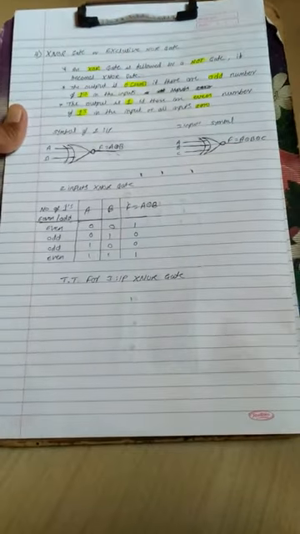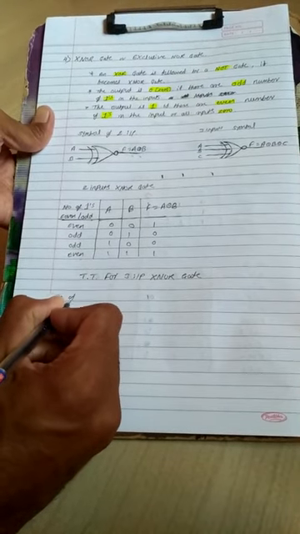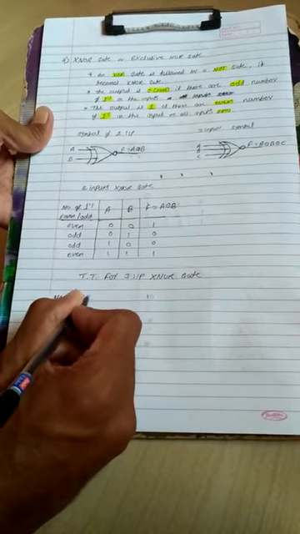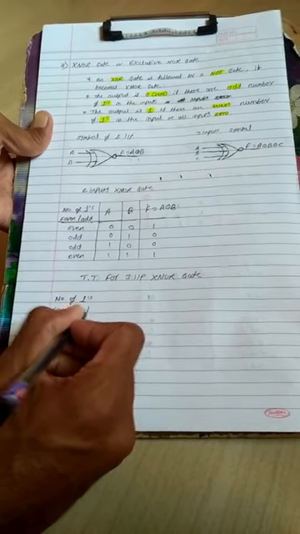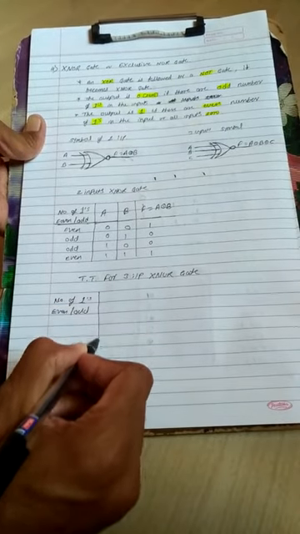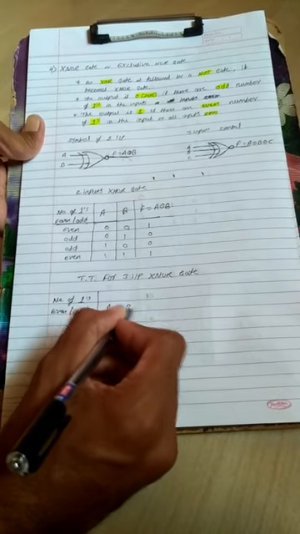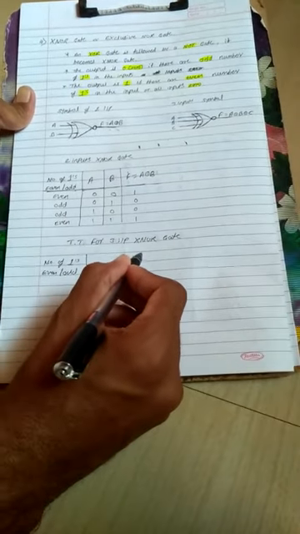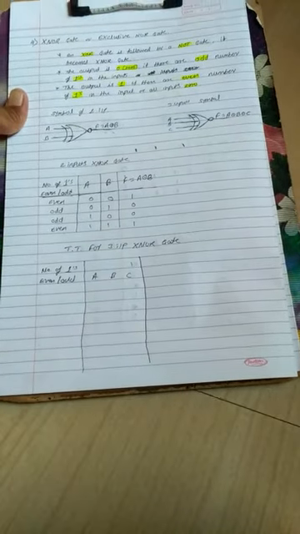First you have to write here the number of ones, even or odd. A, B, C are the 3 inputs.